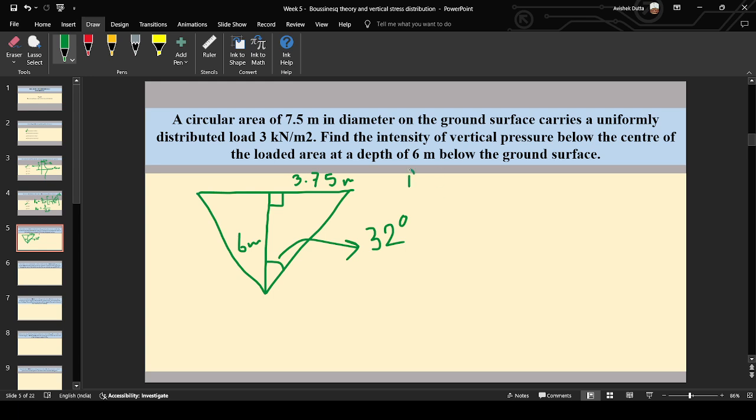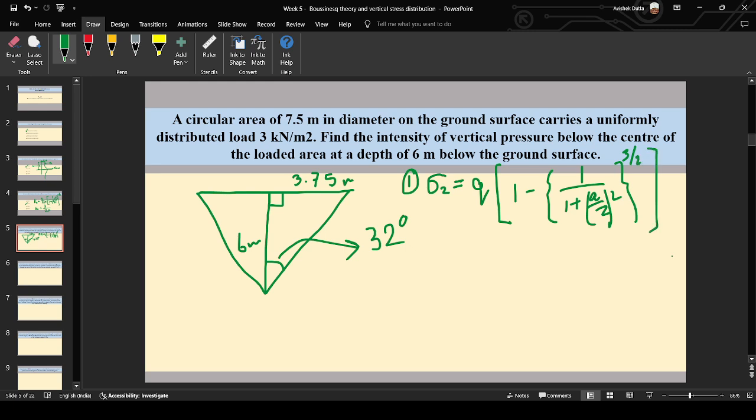Now this question you can solve using two formulas. The first formula is sigma z, that is the vertical stress, equals q, that is the intensity of loading, into 1 minus, within bracket, 1 by (1 plus (a by z) whole square) whole to the power 3 by 2.